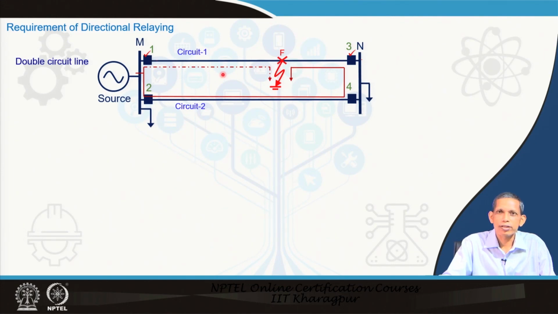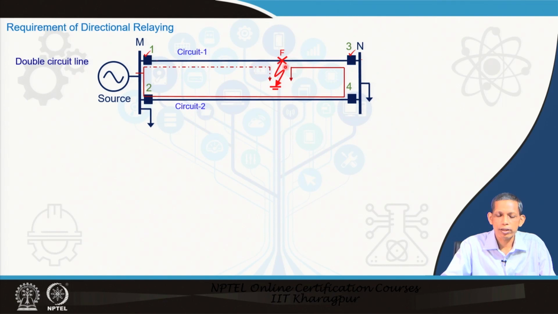Now, let us see how this directional relaying is beneficial in discriminating in practical systems. Consider a double circuit line, and the source or substation side is this, and the double circuit line is feeding different loads or further sections. So, we have 4 breakers here.